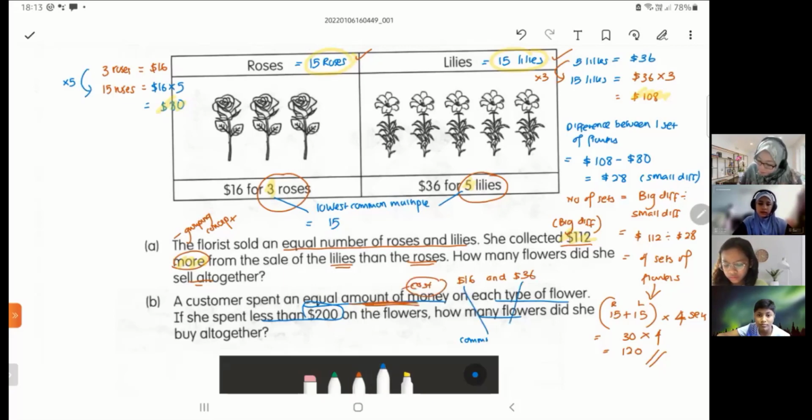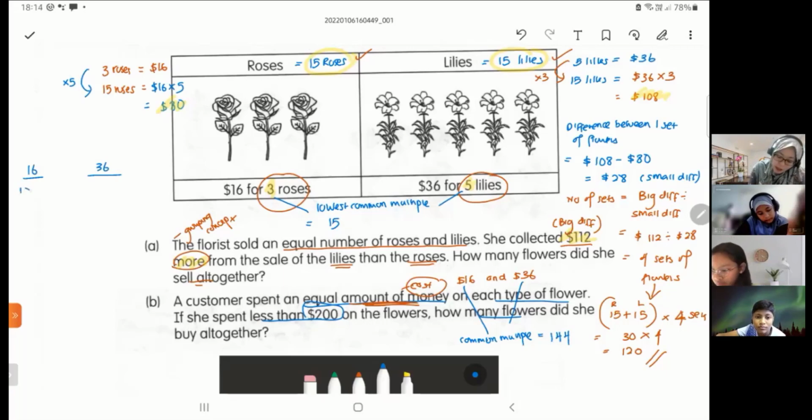So the common multiple of 16 and 36 will be 144. How do I do that? You need to list down the times table of 16 and the times table of 36. Means 1 times 16 is what? 1 times 36 is what?